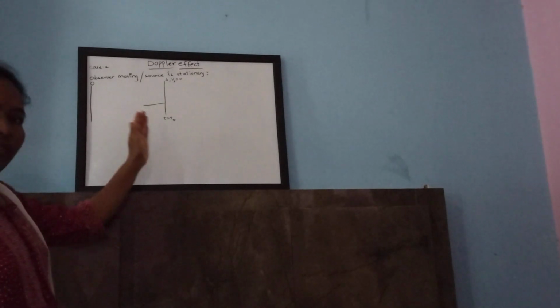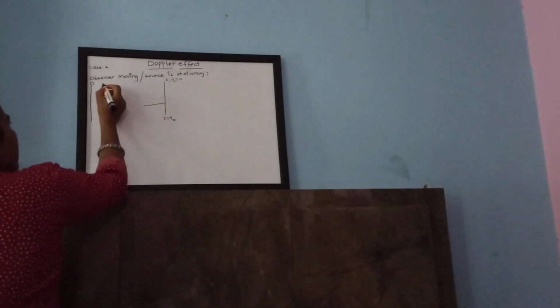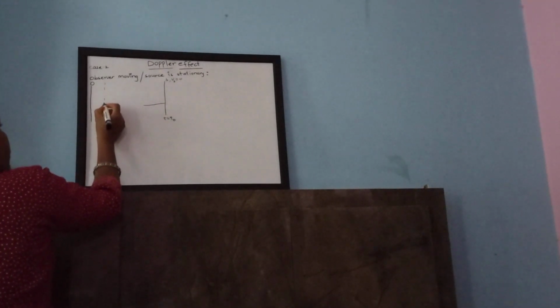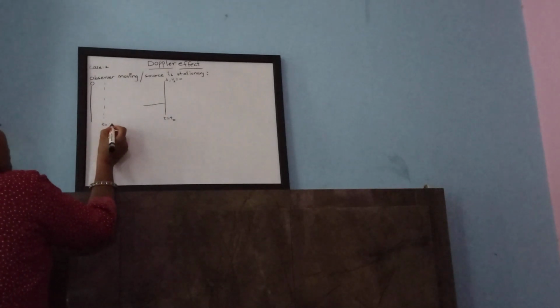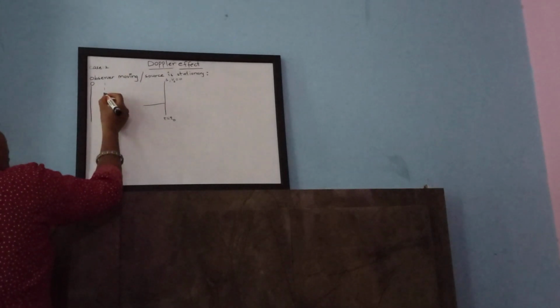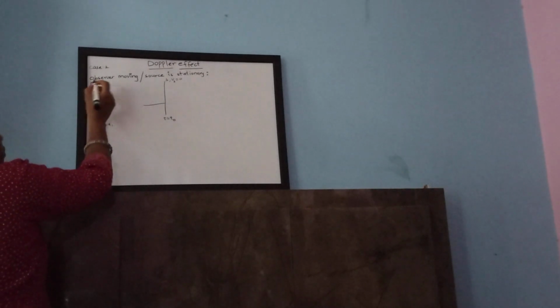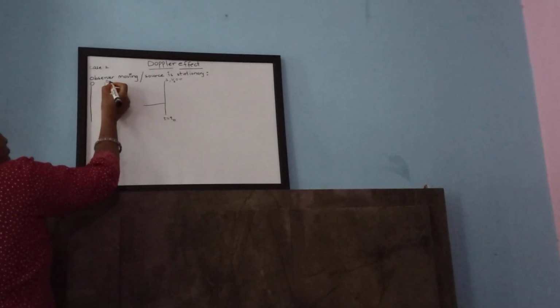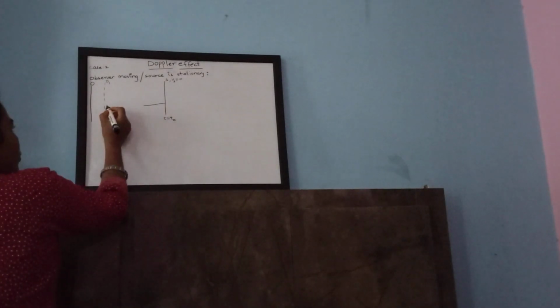At the same time, this observer is moving towards the source. When t is equal to t1, while the observer takes the O1 position, this crest reaches the observer.